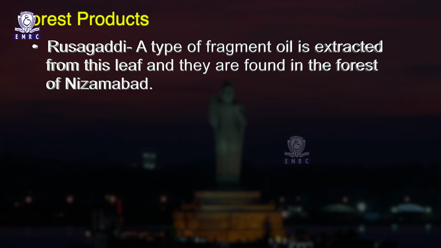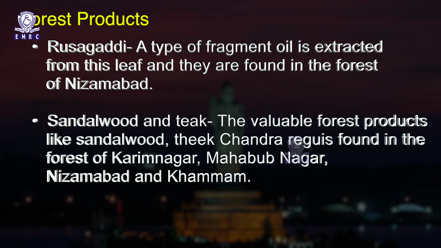Tunikaku. The leaf used to roll beedis is available in the forests of Adilabad, Nizamabad, Khammam and Karimnagar. Rusa gaddi. A type of fragrant oil is extracted from this leaf and it is found in the forests of Nizamabad. Sandalwood and teak. Valuable forest products like sandalwood, teak and Chandra are found in the forests of Karimnagar, Mehbubnagar, Nizamabad and Khammam.